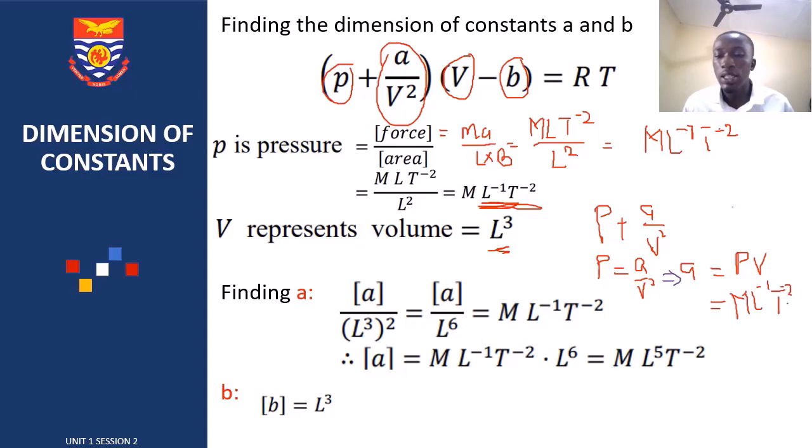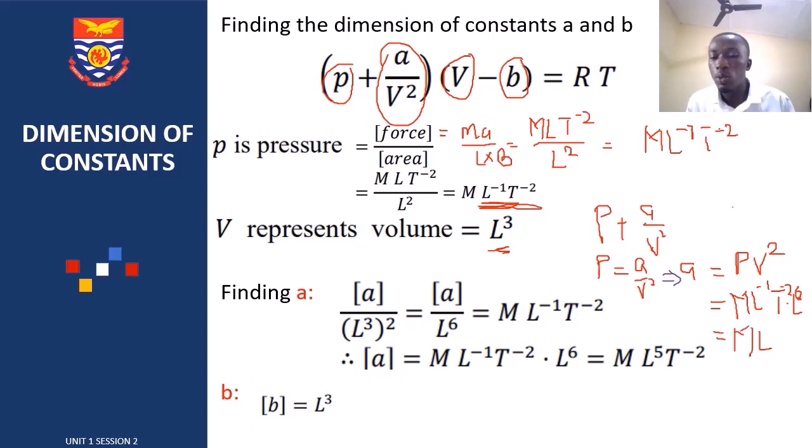And for V it is L cube. So at the end, we get P times V squared. We know the volume to be L cube, so squaring it, we get L raised to the power 6. So let me correct this here.